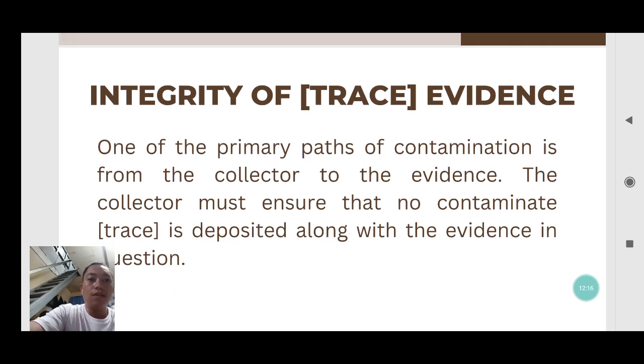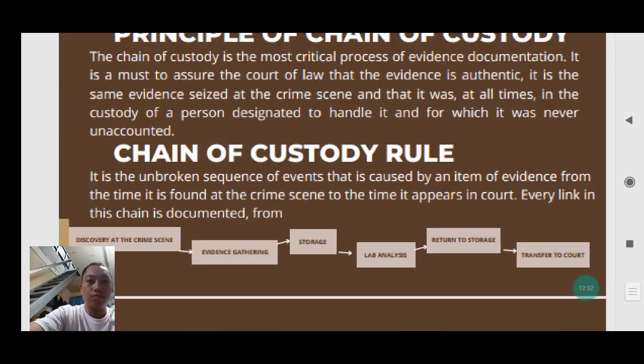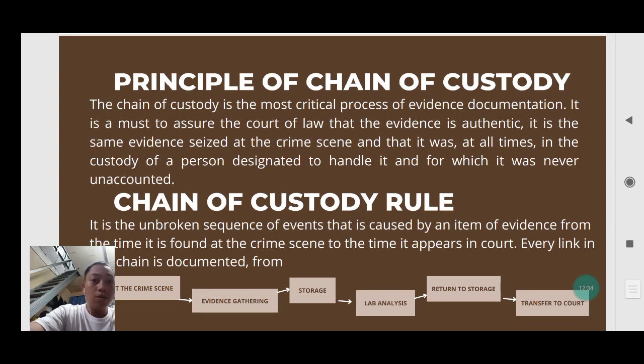Integrity of trace evidence. One of the primary paths of contamination is from the collector to the evidence. The collector must ensure that no contaminant is deposited with the evidence in question. Principle of chain of custody. The chain of custody is the most critical process of evidence documentation.